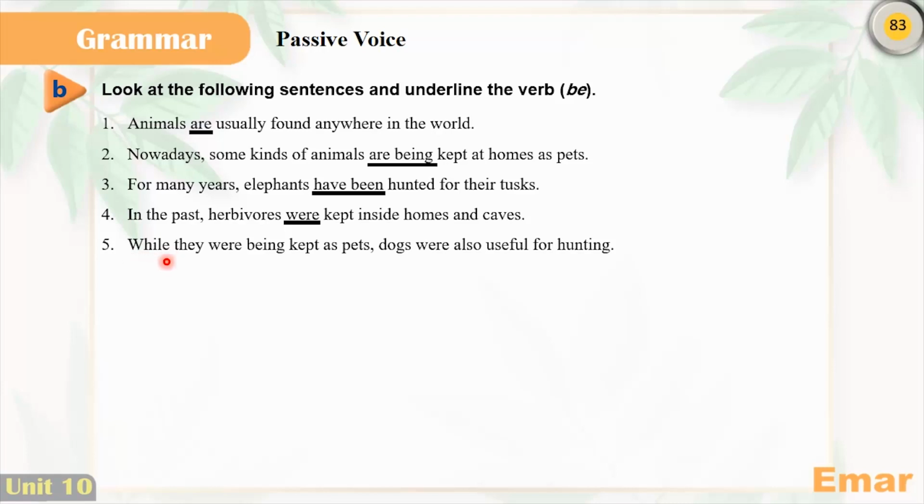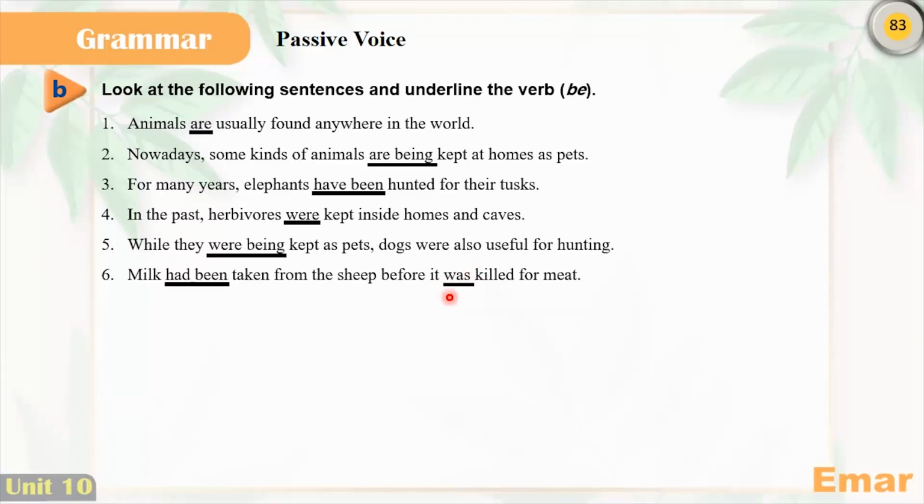The verb be is were being. Were being, past continuous. Number 6. Milk had been taken from the sheep before it was killed for meat. Had been taken, had been, and was killed, was.